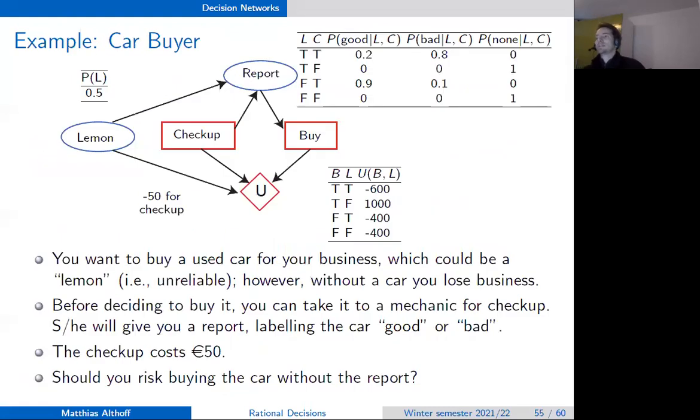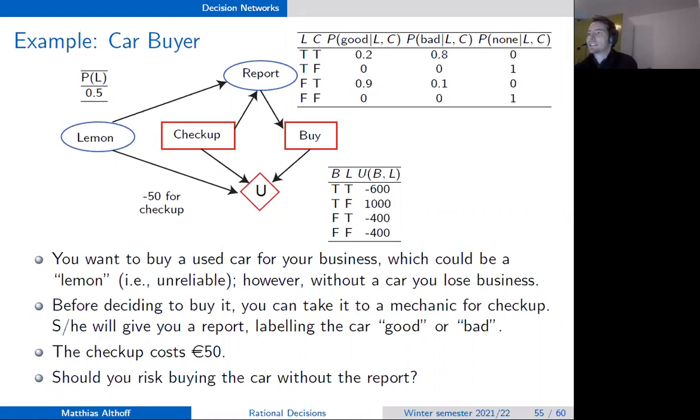Okay, so maybe let's look at the example now. Then maybe things become a little bit clearer. So you want to buy a car for your business. Maybe you have a delivery business and you might be faster by car than by bicycle.